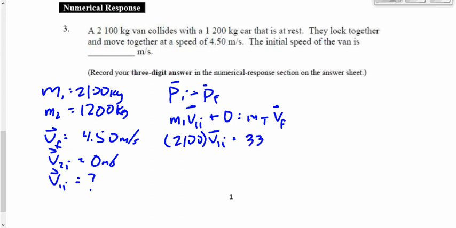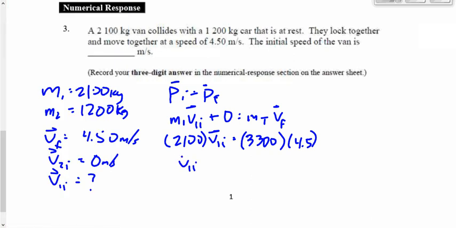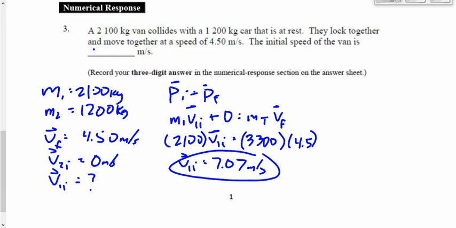That's 3,300 now, times VF, which is 4.5. We multiply those together, divide by 2,100. We get 7.07. And we don't even have to express this in scientific notation, right? We just bubble in 7.07 meters per second.